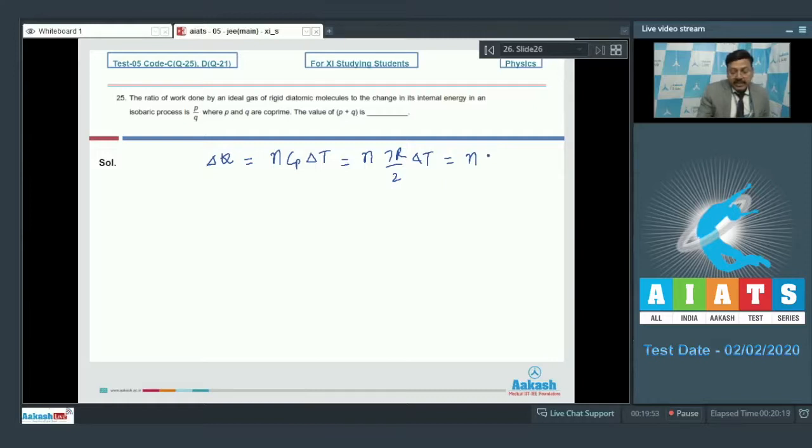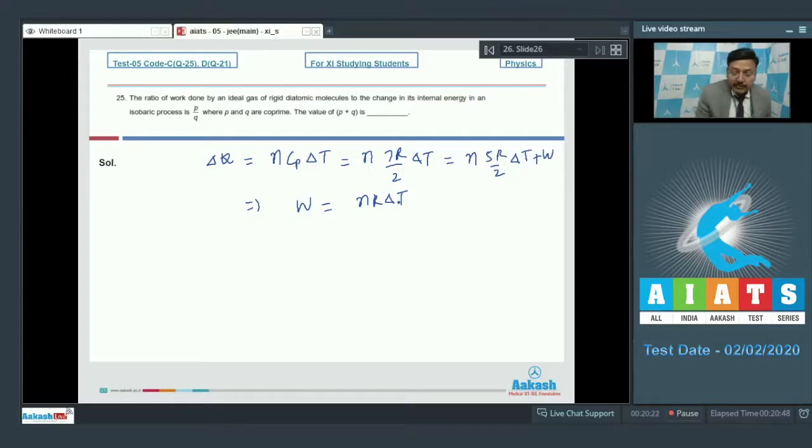So this is n Cv delta T, and Cv is 5R by 2, delta T plus the work done. This means that the work done is equal to n 7R delta T by 2 minus n 5R delta T by 2, and that means it is equal to nR delta T. That's the work done in the process.